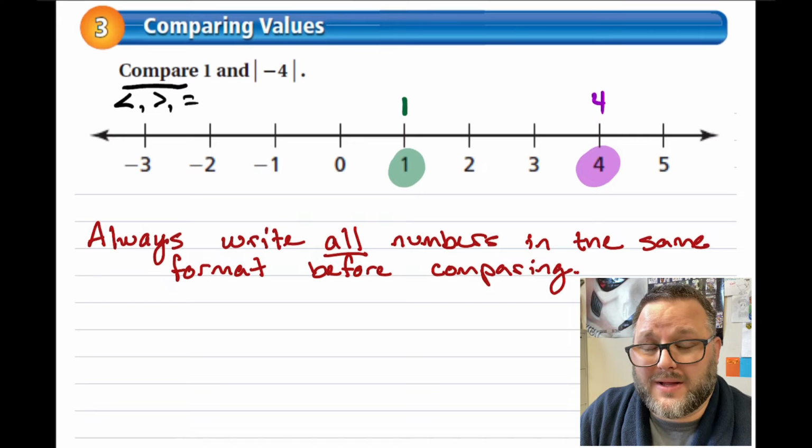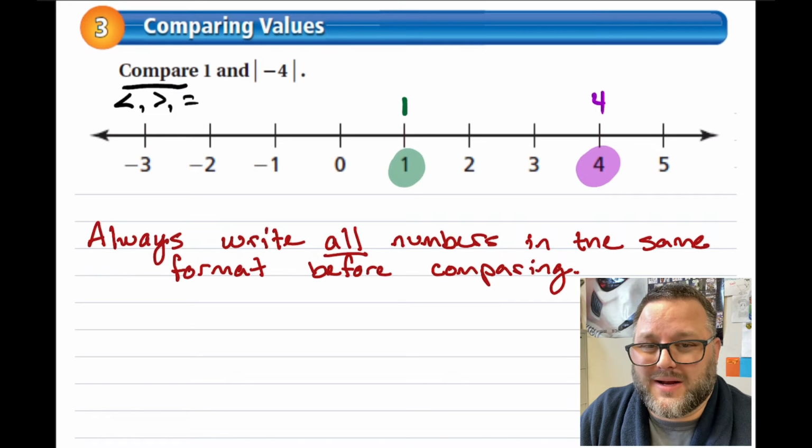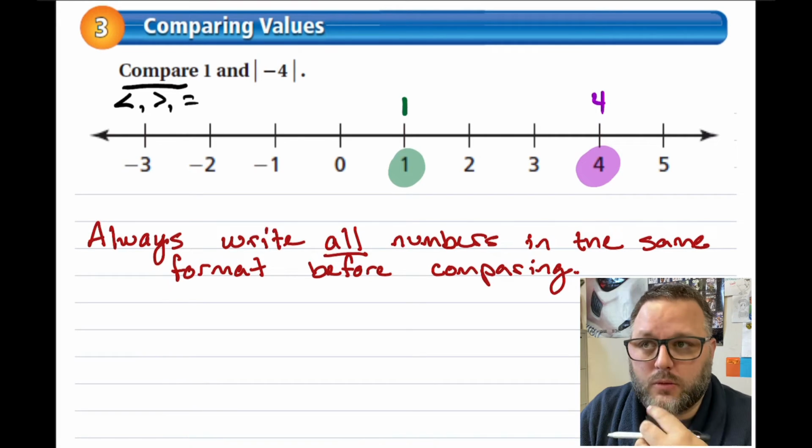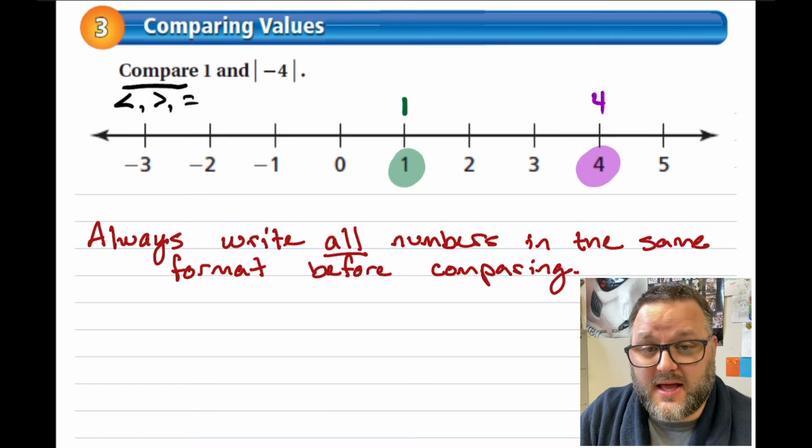This is what we call an equivalency, okay? So by comparing 1 and 4, it's the same thing as comparing 1 and the absolute value of -4. We'll be talking a lot about equivalencies this year, because that's how we actually think algebraically.